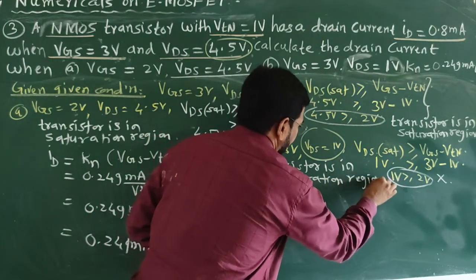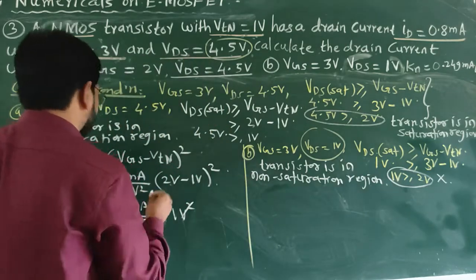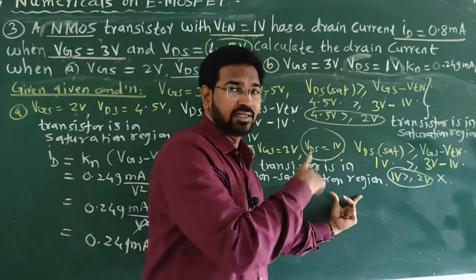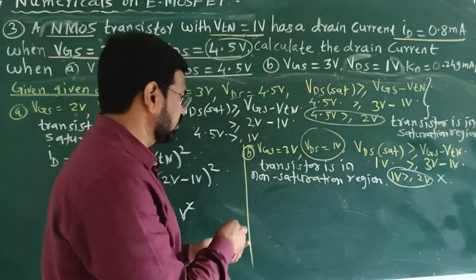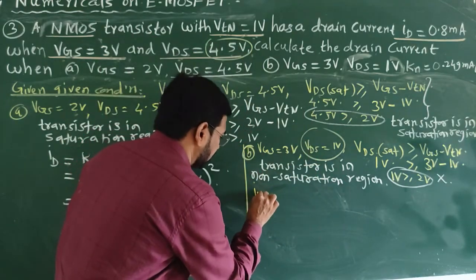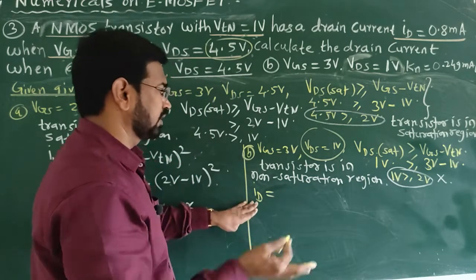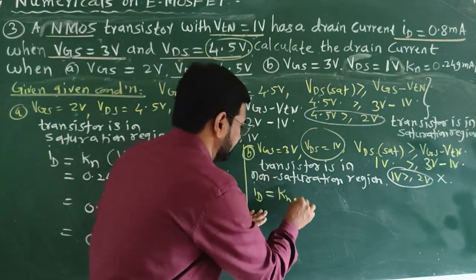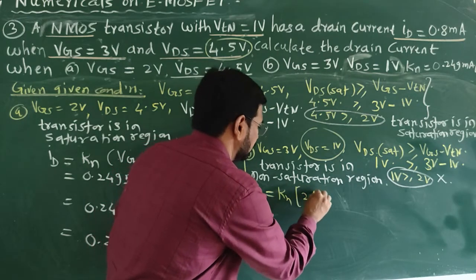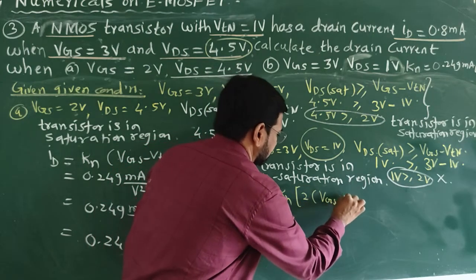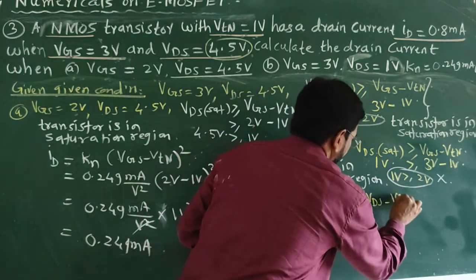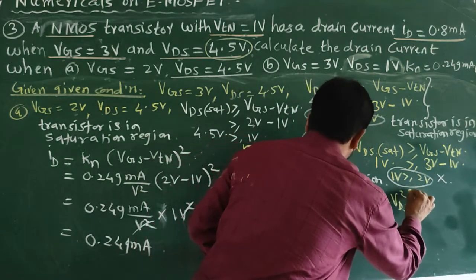Now, the previous equation is not valid to find the drain current in non-saturation region. We have an equation for DC drain current when transistor is in non-saturation region: ID is equal to Kn times [2(VGS minus VTN)VDS minus VDS square].